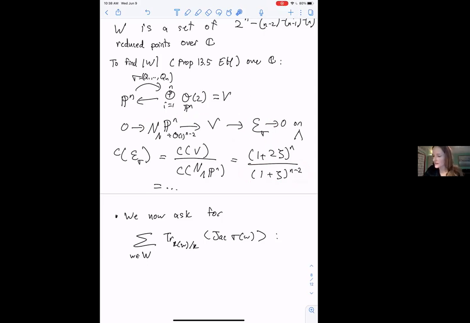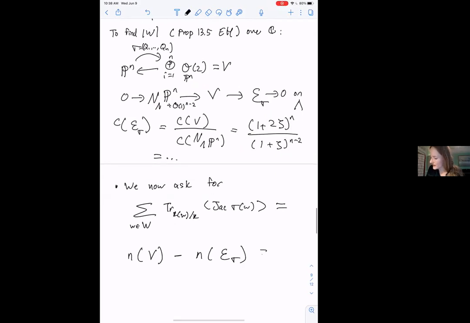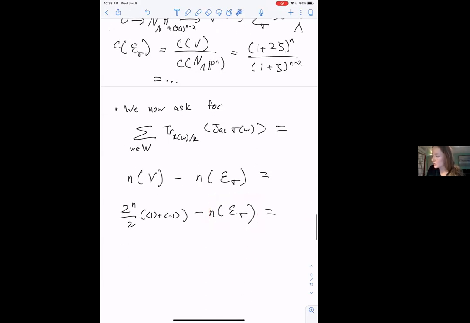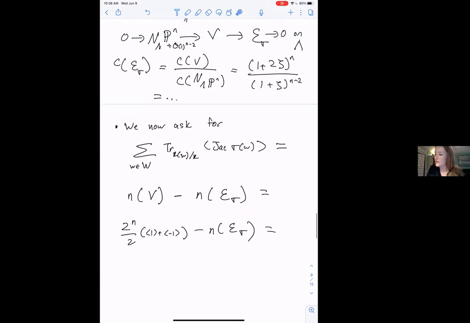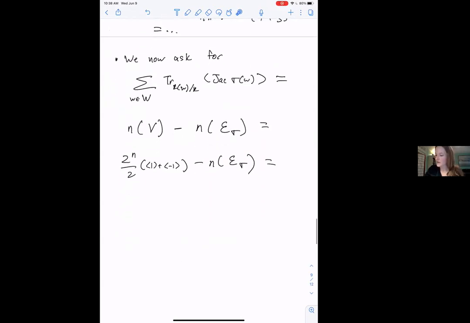So this is equal to the Euler number of V minus the Euler number of the excess bundle. And this is 2 to the n over 2 times the hyperbolic form. But we need to figure out this, and you'd want some sort of substitute for this sort of argument, which no longer works. So I'll tell you the substitute. I should hurry up, and I'll tell you the answer.